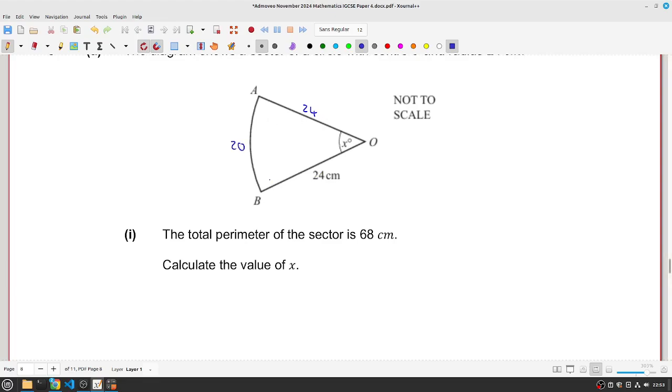And now we can use this arc length to find the sector angle. So we're going to say the arc length, that's just some fraction of a full circle, right? So what fraction? This fraction out of 360 of a full circle, times 2 pi radius, right?